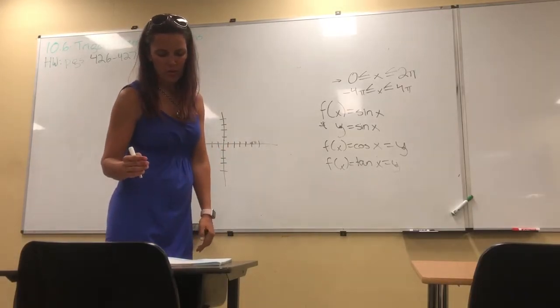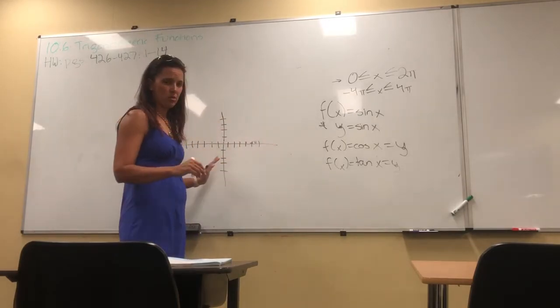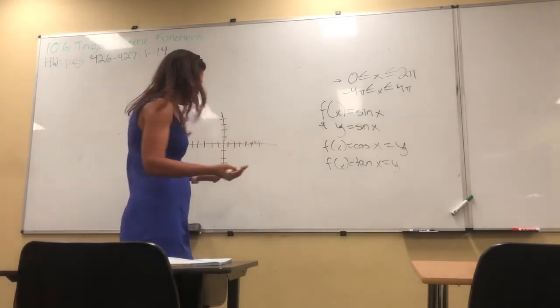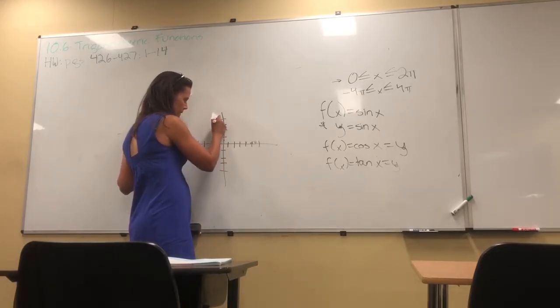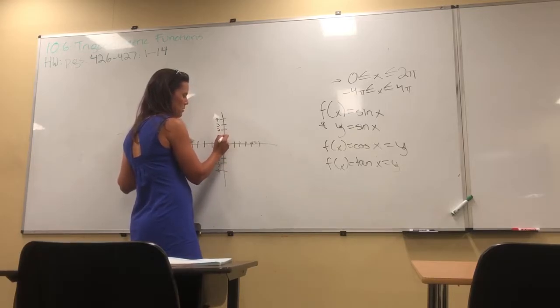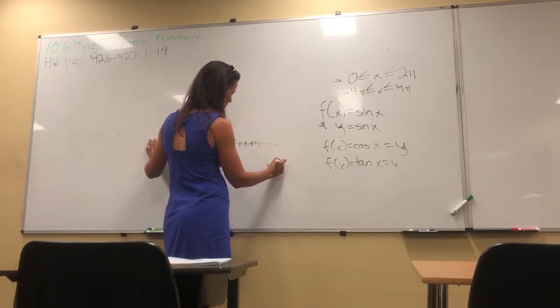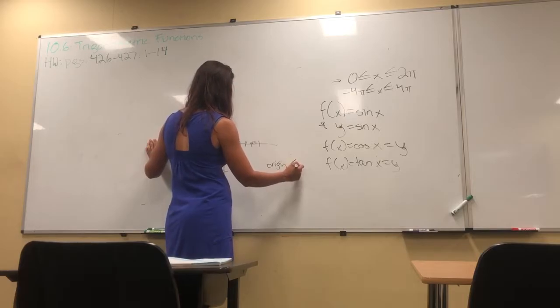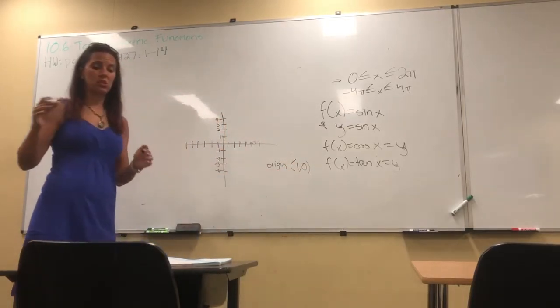Now in the graph in the book, they numbered the y value by 1s, and they valued this one by pi. I'm going to do that right now to make this a little bit easier. But of course, then it's not really to scale, right? But the important thing is this one starts, call it the origin maybe, at 1, 0, okay? Now your little waves look exactly the same.